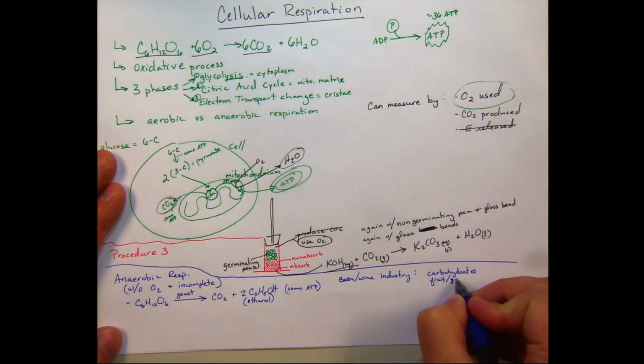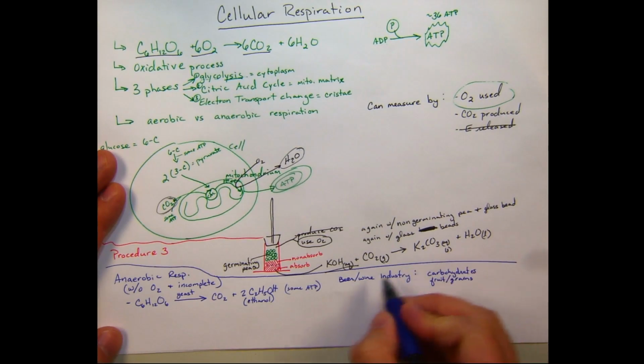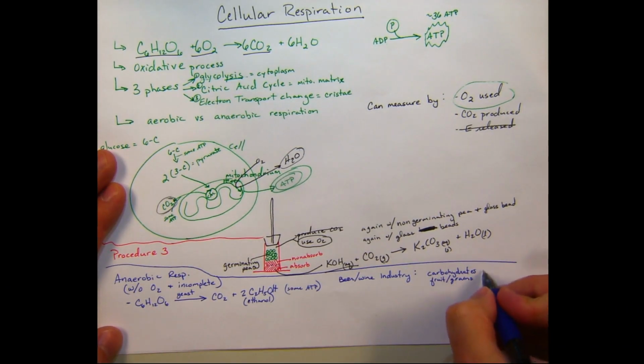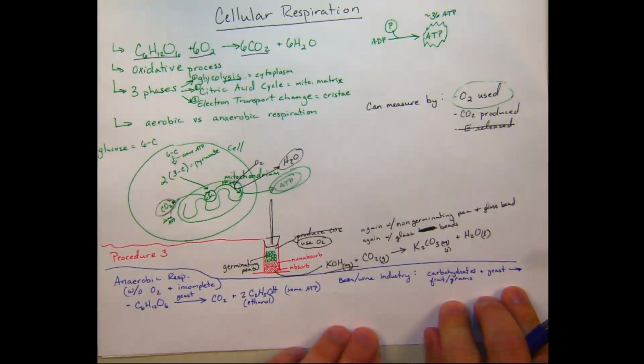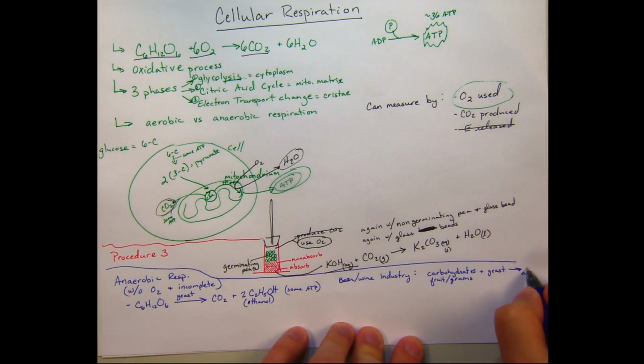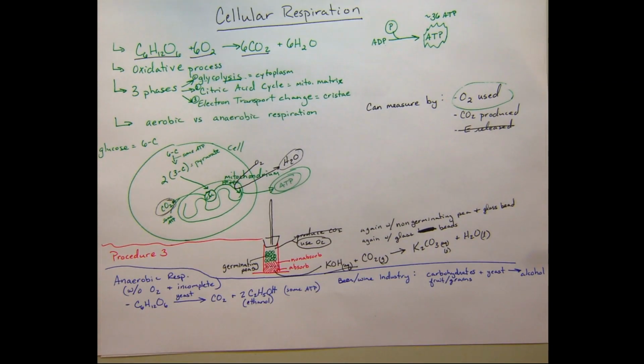All right, it might be some grains. There's carbohydrate in grains. That's how you make beer. And they will add it with yeast. And the yeast is going to make our ethanol, which is an alcohol, which is drinking alcohol. This is what some other companies use. They use corn to produce alcohol so that we can use it in our gasoline. It's supposed to be able to burn cleaner.